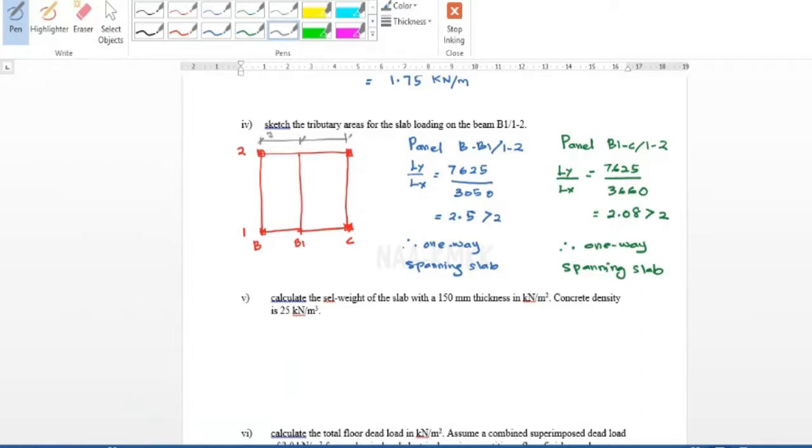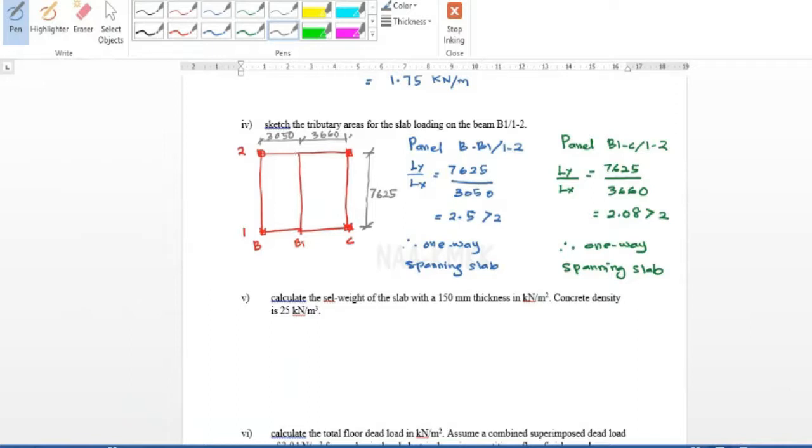I write down the dimension first. This one is Lx, the shorter span.